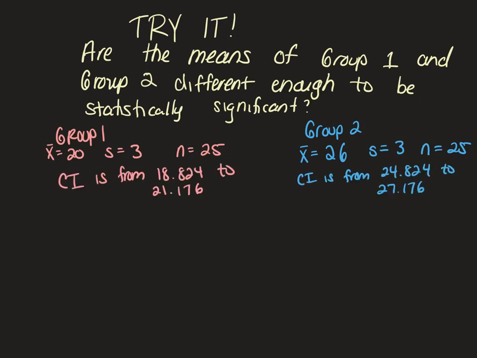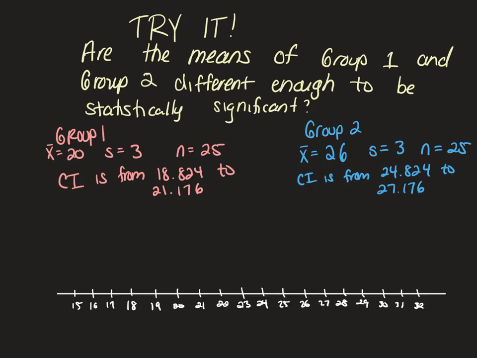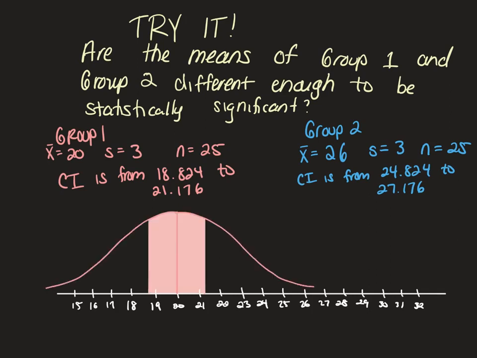Following the steps, I get a confidence interval for group 1 of 18.824 to 21.176, and a confidence interval for group 2 from 24.824 to 27.176. I then set up my x-axis and plot the graph for group 1, and then I fill in my confidence intervals. Then I plot my graph for group 2 before filling in my 95% confidence intervals.